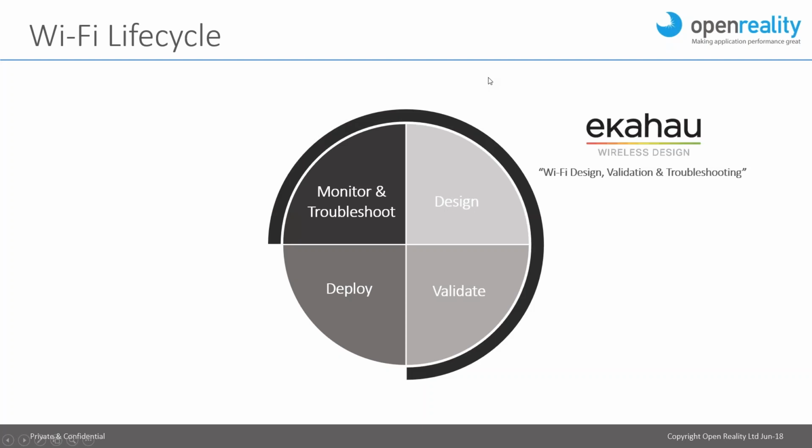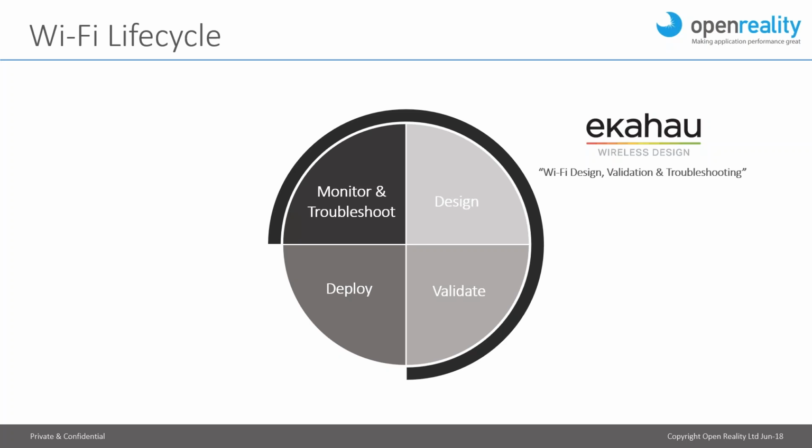Starting off that life cycle, we begin with Ekahau, which is the original product we began distributing about 11 or 12 years ago in the wireless space. Ekahau is a tool that allows an end user or IT admin to design, deploy and validate a wireless network.